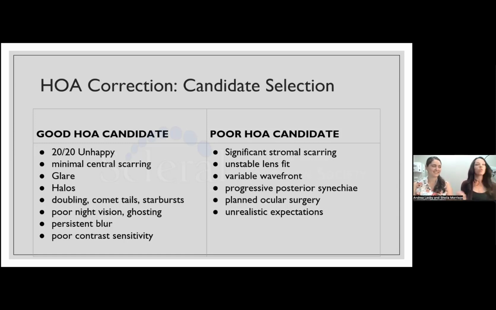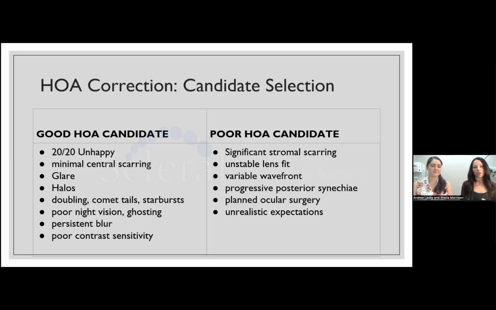And then we're actually able to effectively correct it just using a front surface toric or changing eccentricity. So it is a small population, but a really important population, because those that truly suffer from higher order aberrations, it just often drives them mad, because anything that they do, they just can't quite get that vision that they're wanting.